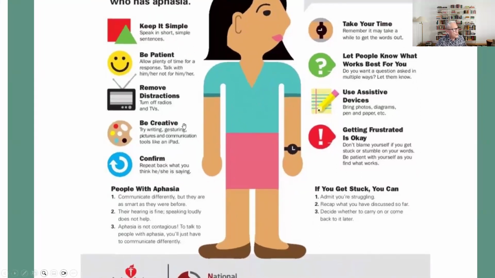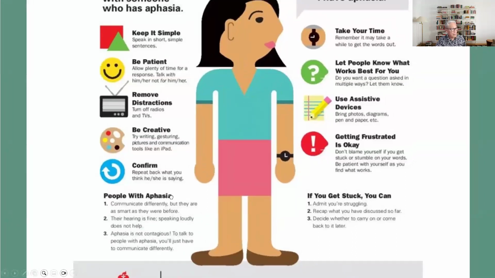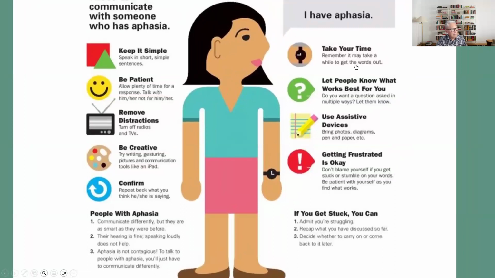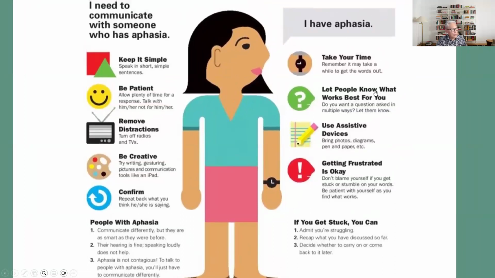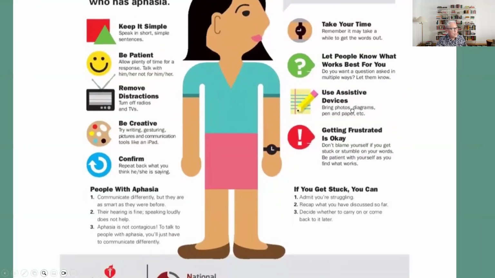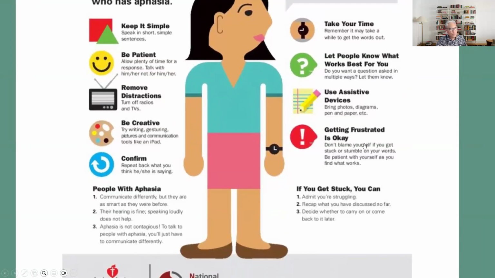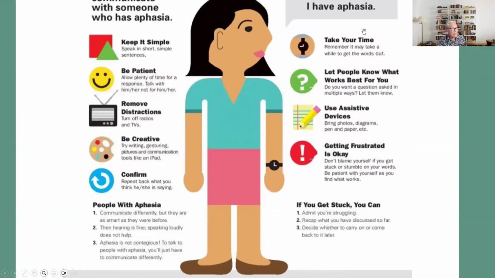We need to remove distractions, try writing, gesturing, pictures, and communication tools like an iPad, and repeat back what you think he or she is saying. Take your time. Remember, it may take a while to get the words out. Let people know what works best for you, and use assistive devices. Getting frustrated is okay. These are some of the things that you can tell the person that has aphasia.